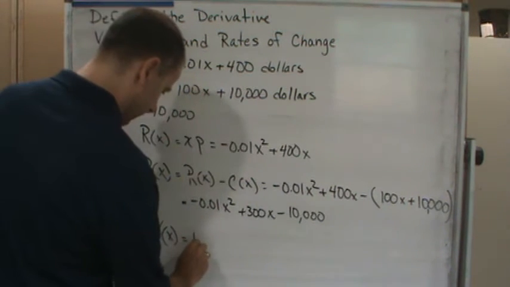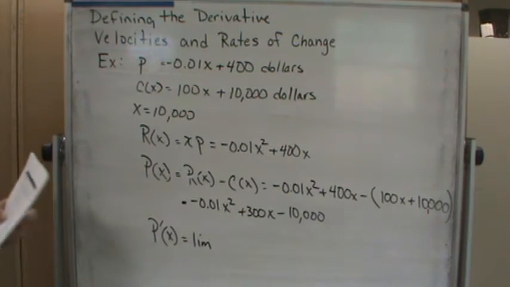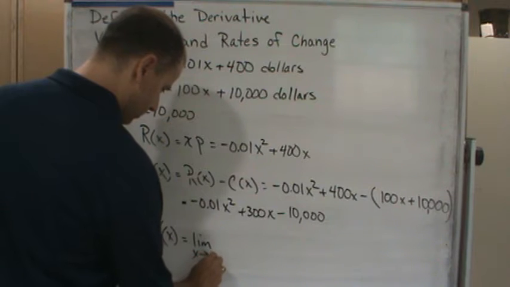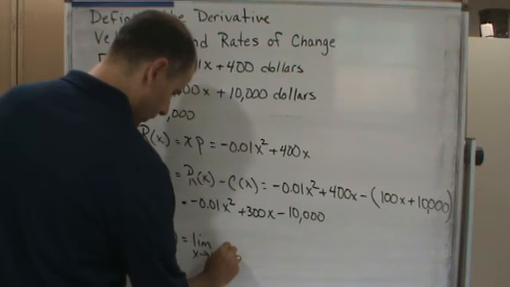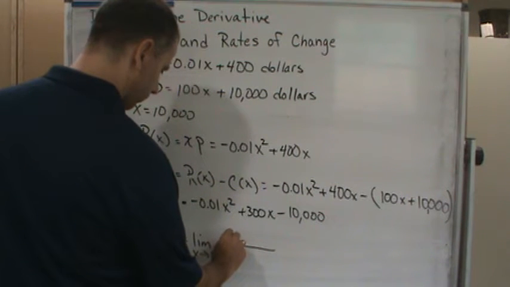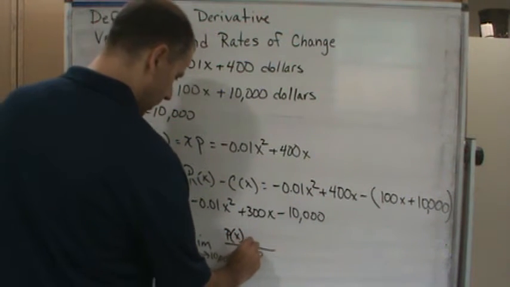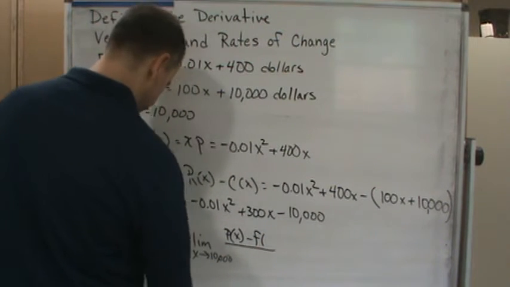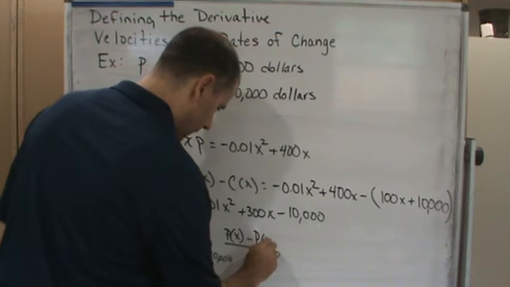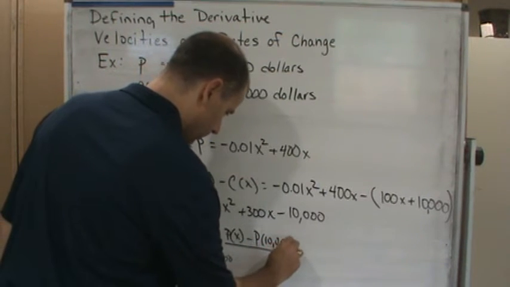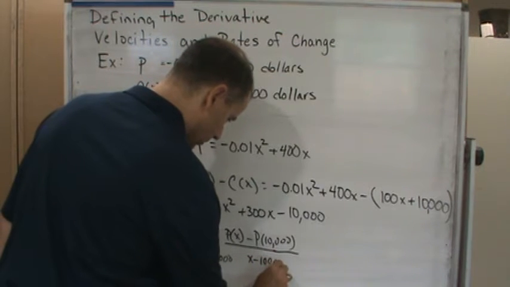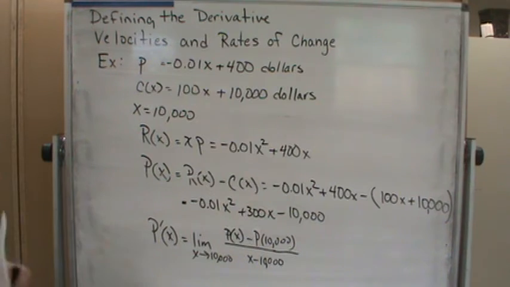So I'm going to do the limit as x approaches 10,000 of P of x minus, oops, not F, P of 10,000 over x minus 10,000.